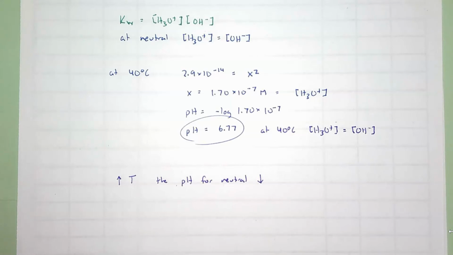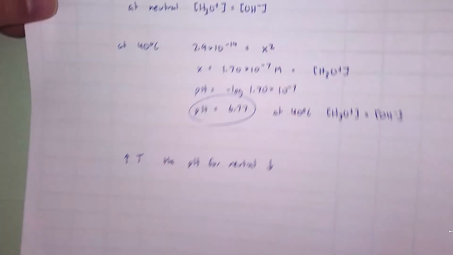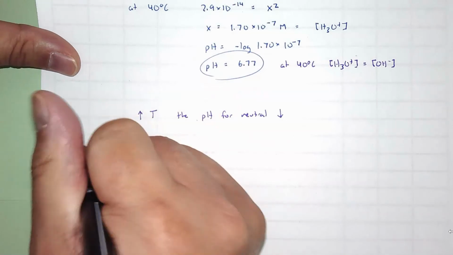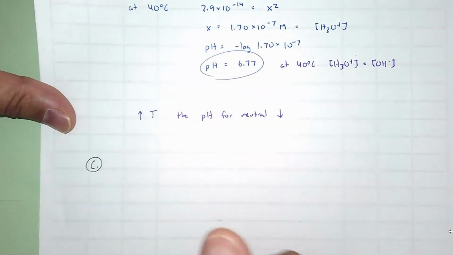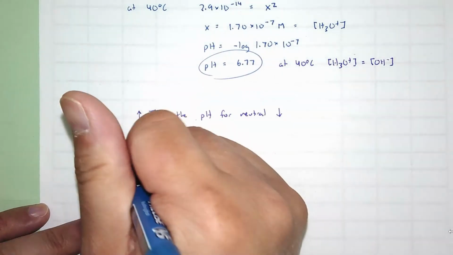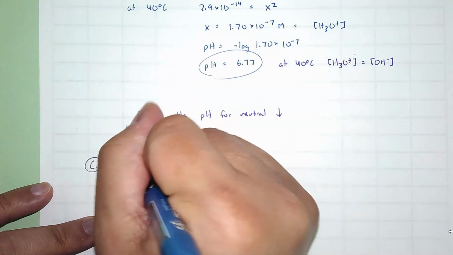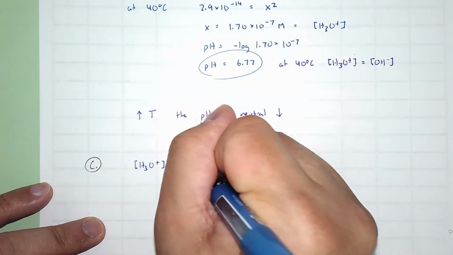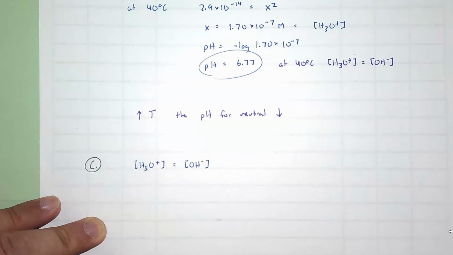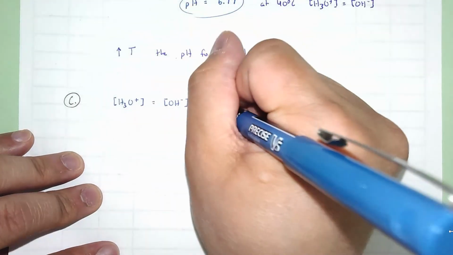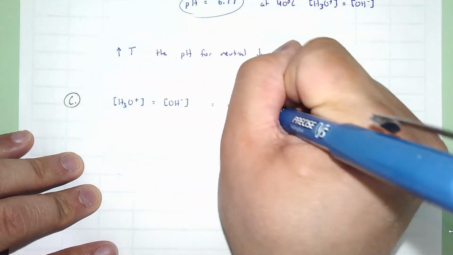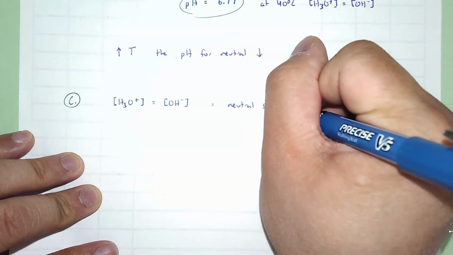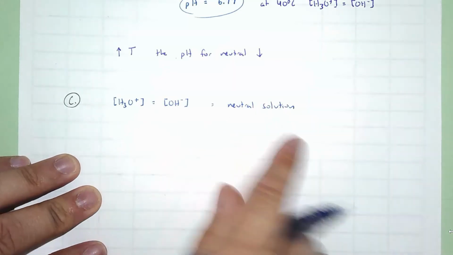So let me write that down. We'll call this C. Very simply, it's just a couple trends. Let's say that if your concentration of H3O plus equals the concentration of OH minus, regardless of what temperature you're at, okay, that is a neutral solution. I didn't give this a title.